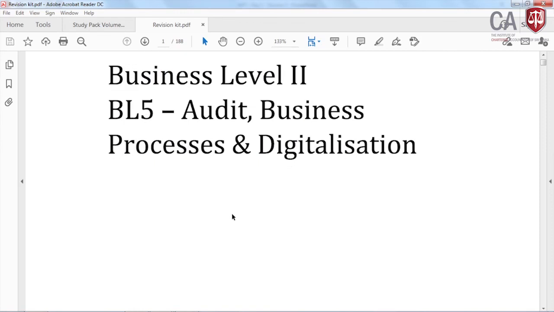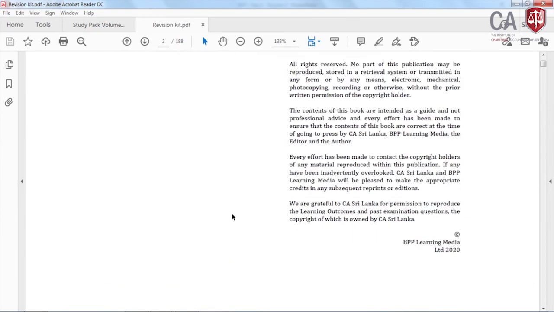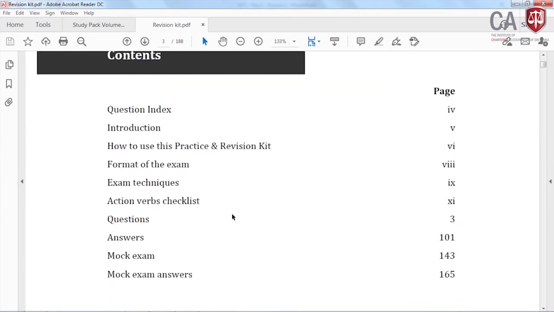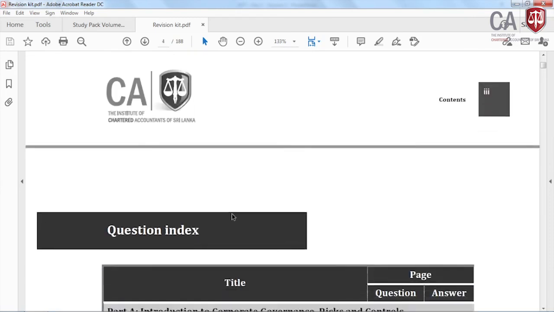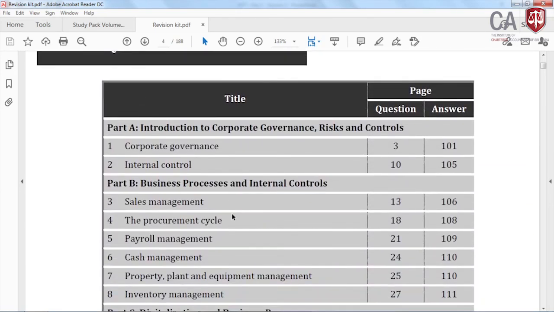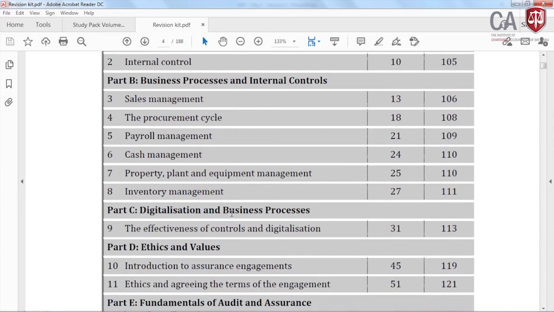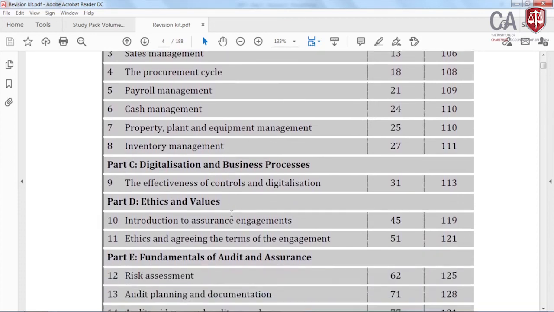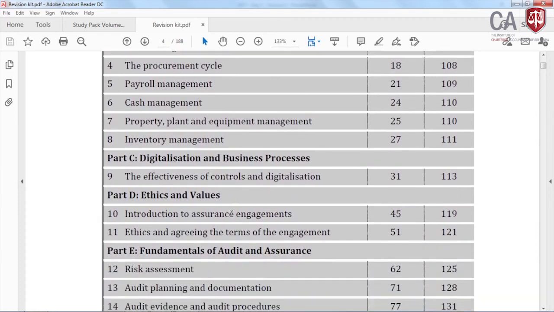In the revision kit, for each chapter there are separate questions given, part A, part B, part C, part D. Please select part D, ethics and values, introduction to assurance engagement. Look at page number 45, do all the questions and keep your answers.